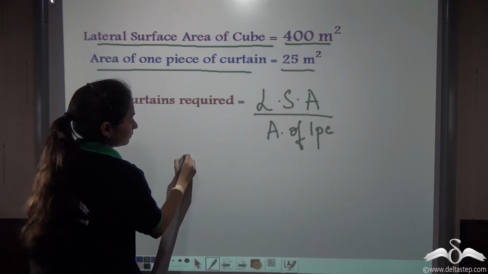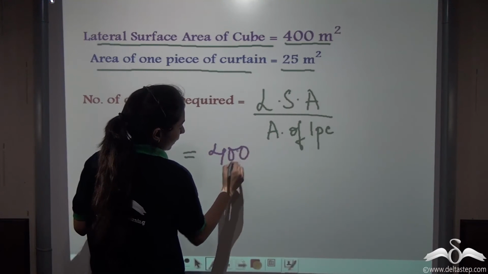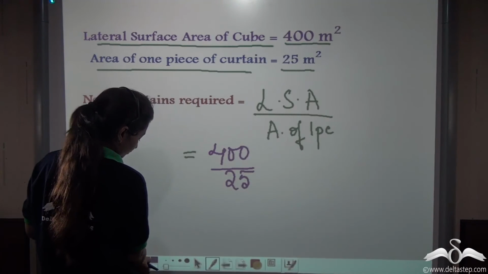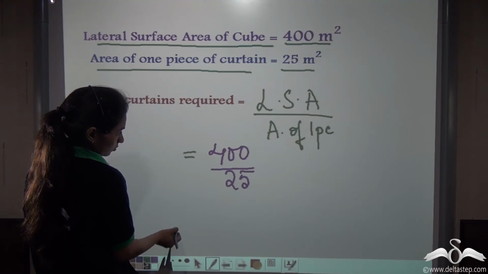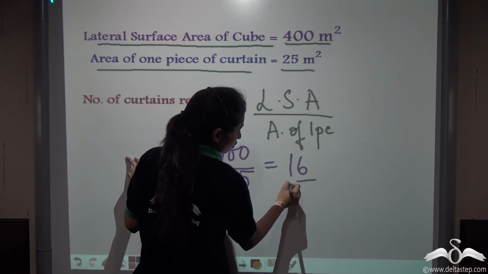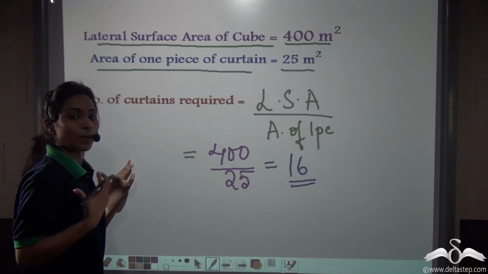Now let's divide it. So I get 400 by 25, or I'll get 16. So this is actually the number of curtains I will require to cover my room.